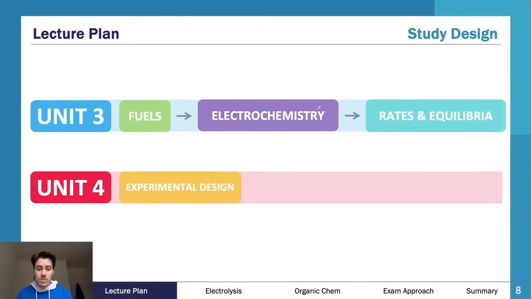I remember when I went through year 12 and I did my chemistry, our poster was the last thing we did. We did that last. So that's experimental design. You'll talk about experimental design in that. I'm not going to go through experimental design in these lectures because experimental design is pretty straightforward. There's minimal changes with this new study design. It's the same as every other science subject. So if you're doing at least one other science subject, you'll find it exactly the same. You won't have an issue.